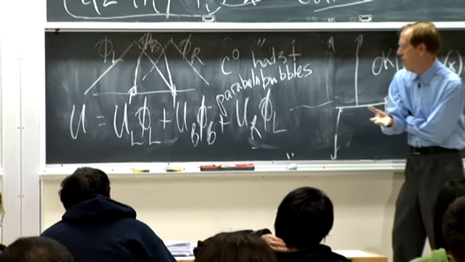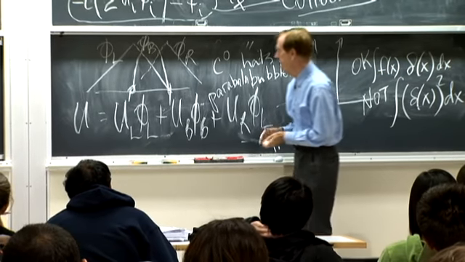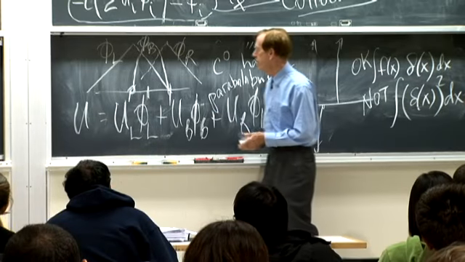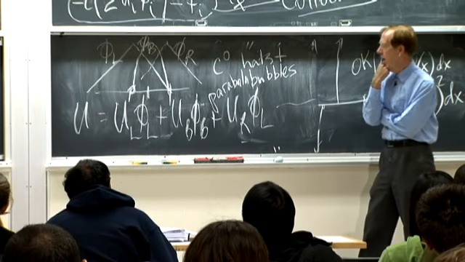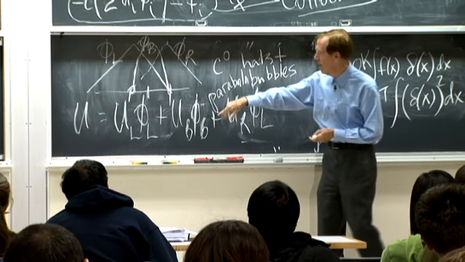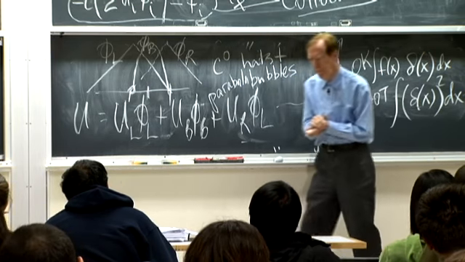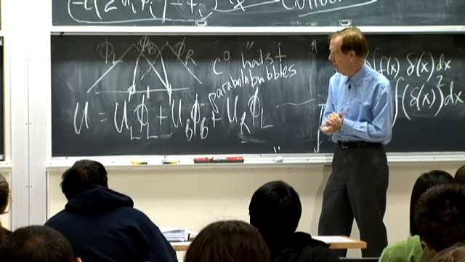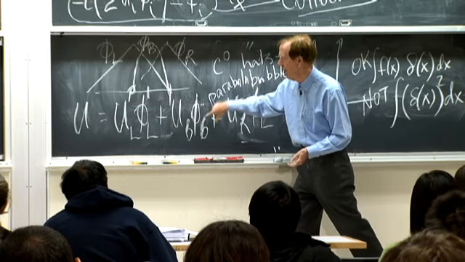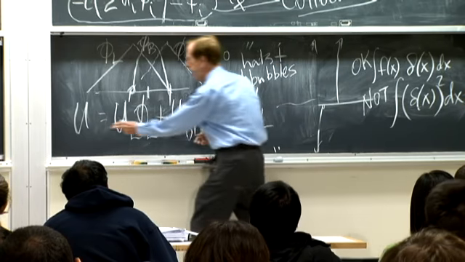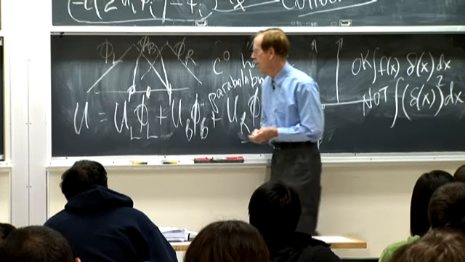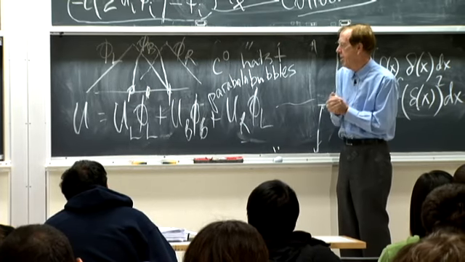What I want to ask you is, if I take the halfway point as the sort of mesh point for the bubble, what is the value of u, my approximation, at that halfway point? I just want to plug in the halfway point and evaluate everything there. Do you see what's happening?